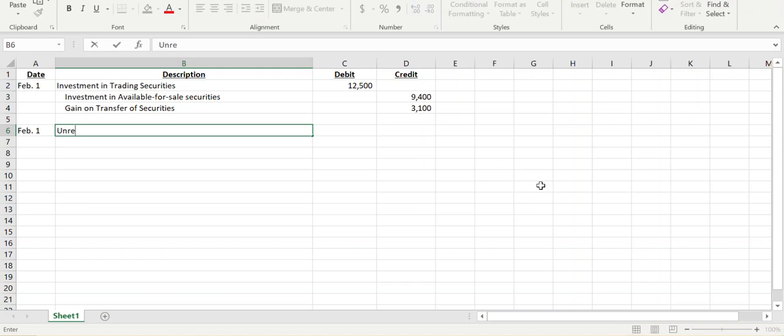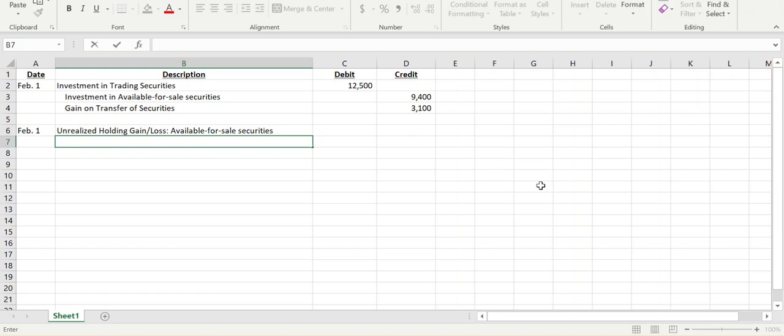So in order to reverse the impact, we are going to debit the unrealized holding gain or loss on our available for sale securities. And that means that at December 31st, we would have wanted our allowance account to be an adjunct asset account, meaning it would have been adding to the value of our investments because our fair value was higher than the price we had paid for those investments.